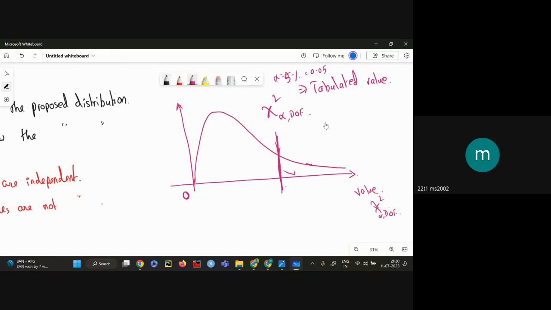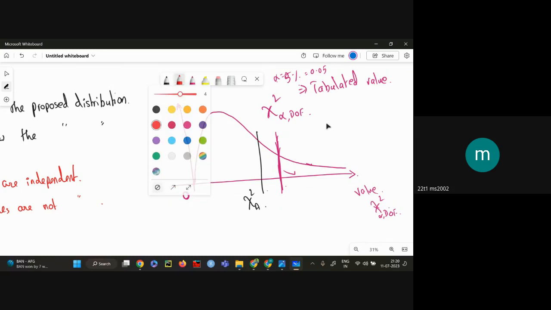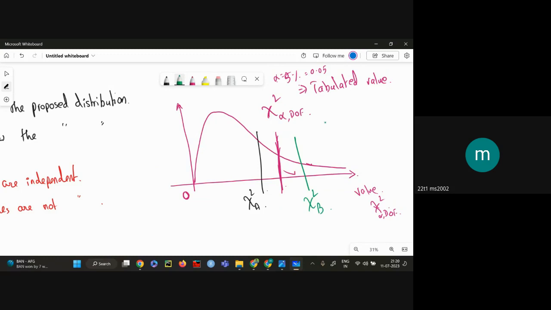What you actually do is, then you do some computed value. Let's say there is a chi-squared A that you compute, and there is a second chi-squared, let's call that chi-squared B that you compute. Okay, A, B just for the sake of names. So you have a chi-squared A, you have a chi-squared B.